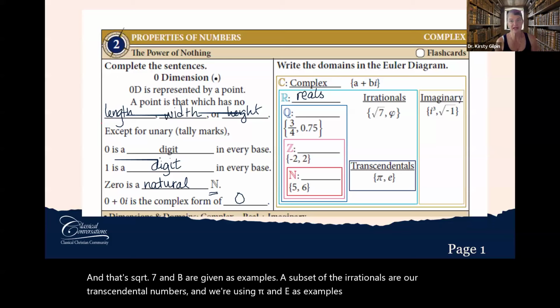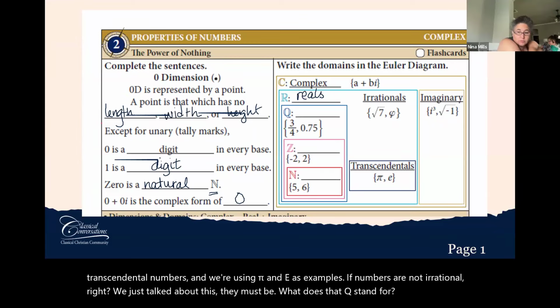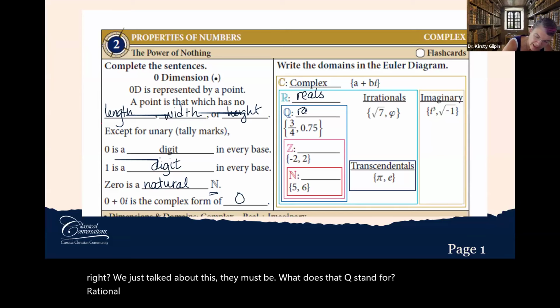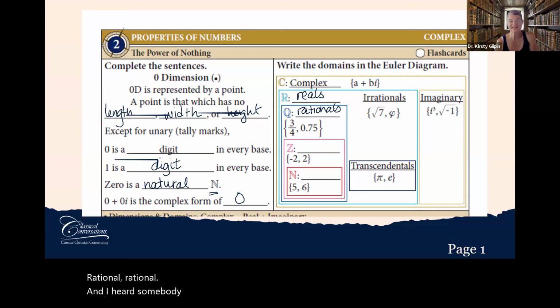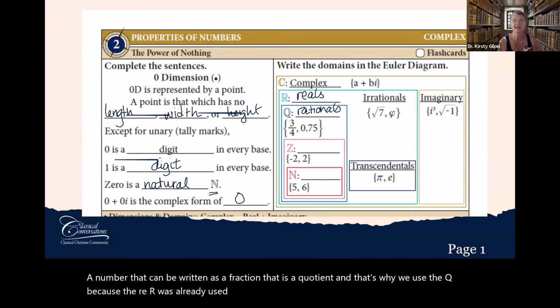If numbers are not irrational, right, we just talked about this, they must be what? What does that Q stand for? Rationals. Rationals. And I heard somebody say quotient, and that's exactly right, because a rational number is a number that can be written as a fraction. That is a quotient, and that's why we use the Q, because the R was already used for reals.